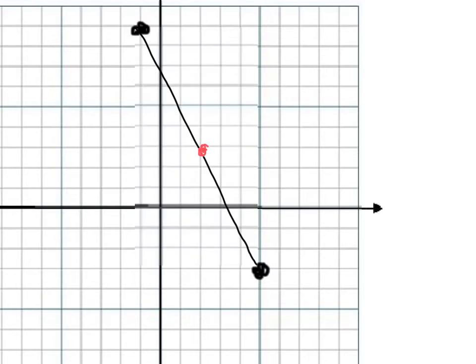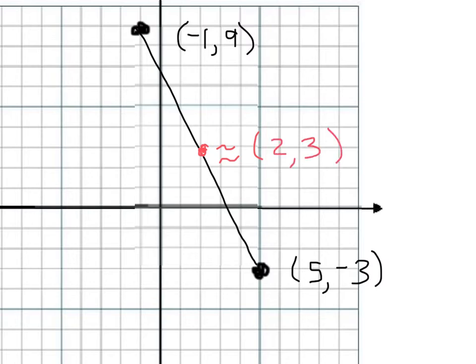So our two points are (-1, 9) and (5, -3). And we think that our midpoint is somewhere around (2, 3). So if we compare these x values, do we notice something about that?